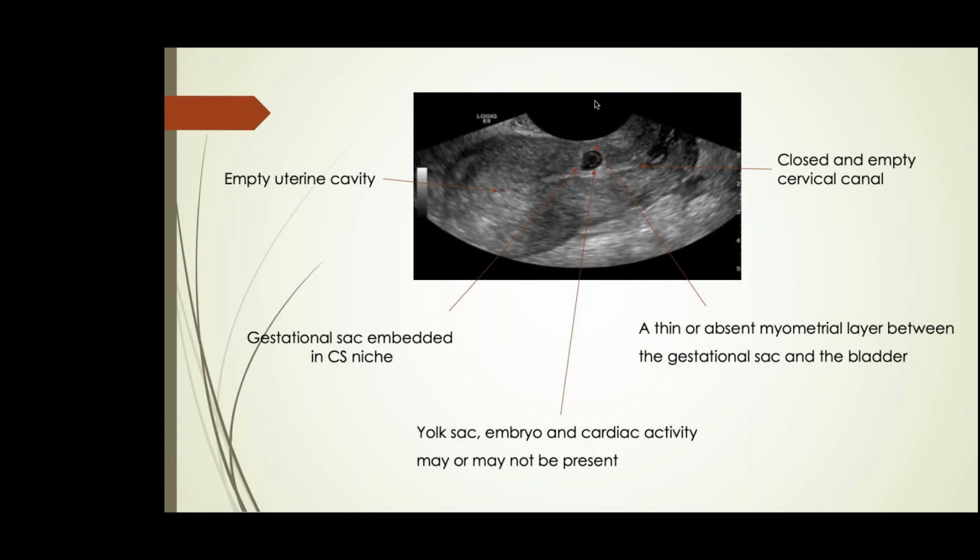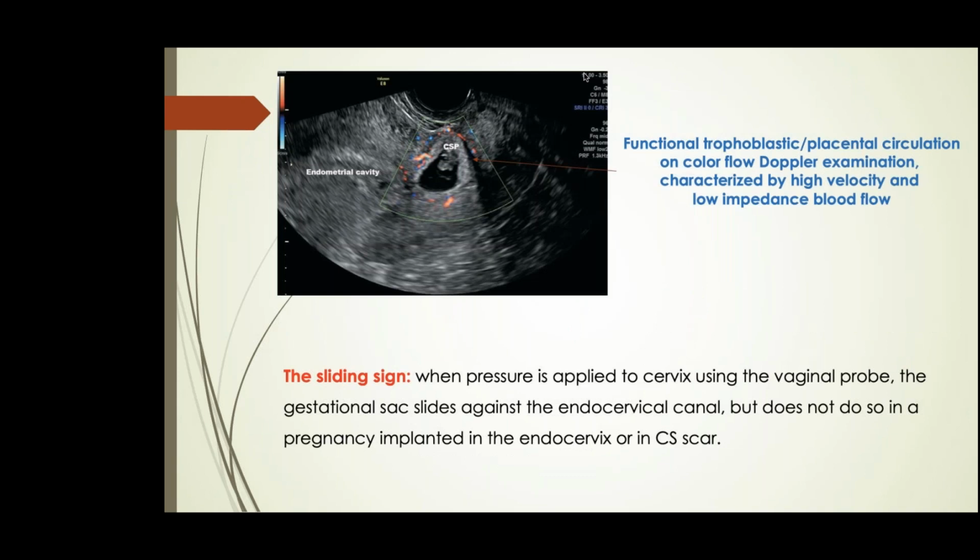So empty uterine cavity, empty cervical canal, gestational sac at the site of the cesarean section with a thin or absent myometrium overlying it, and a yolk sac may be present.